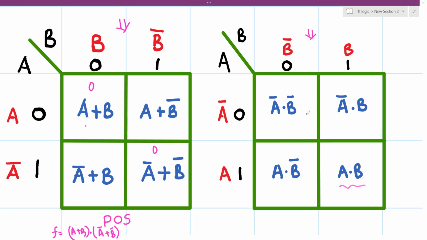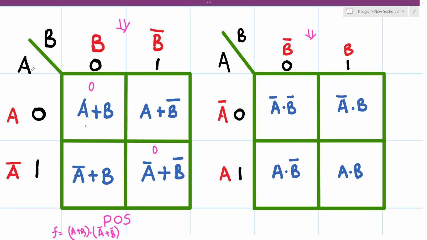The fourth cell, A and B. So the first cell is 0, 0, meaning A bar and B bar. The second cell is A bar and B. The third cell is A and B bar. The fourth cell is simply A and B. So you have to look at each row and each column at that time.